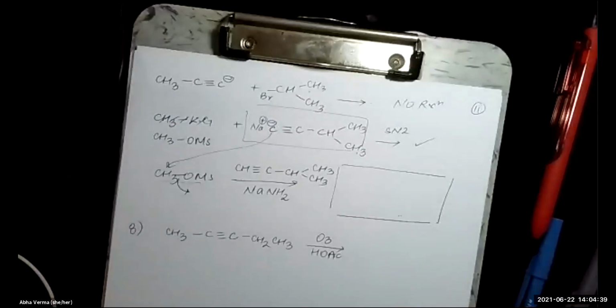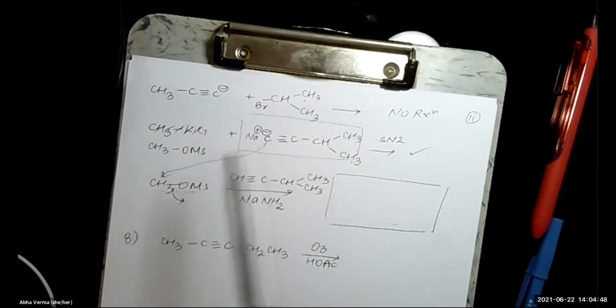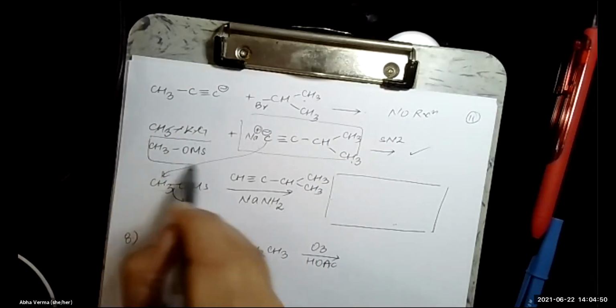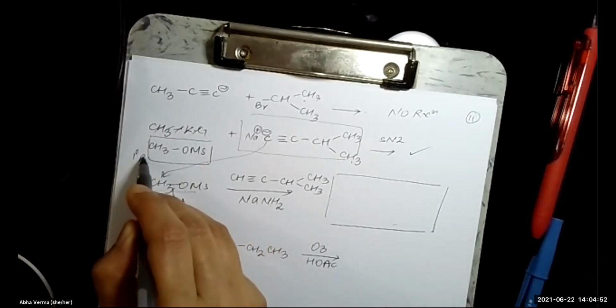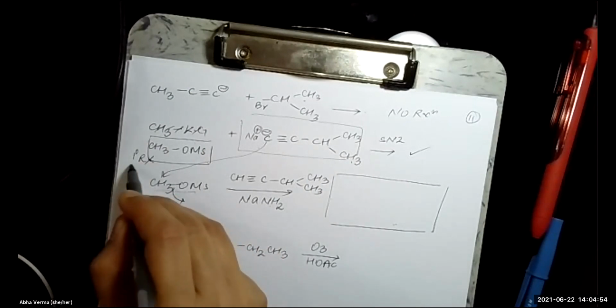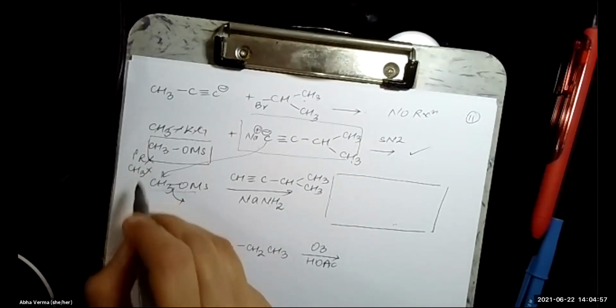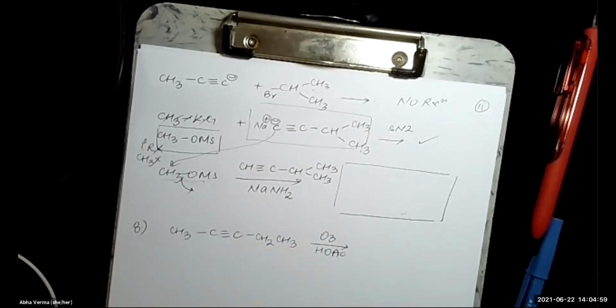Okay, so we were looking at our alkynes. And we had started also looking at the different ways by which we could make alkynes. Remember, whenever you have to make an alkyne, your substrate should always be a methyl kind of a substrate or a primary kind of a substrate.